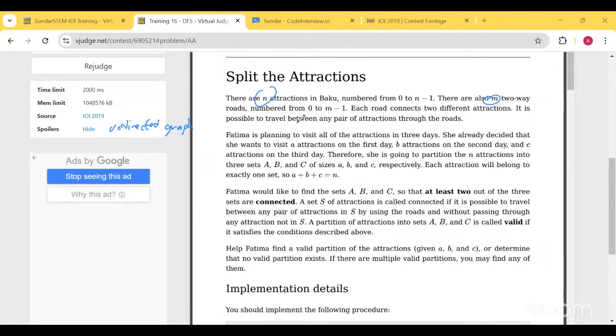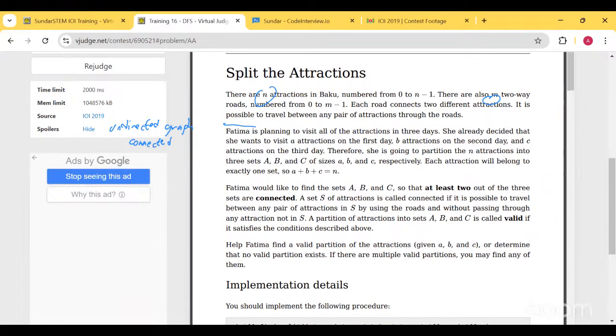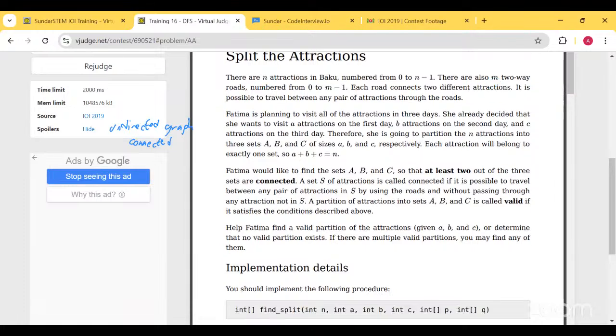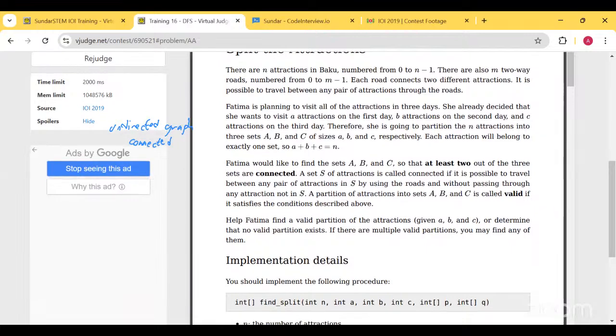And this is a connected graph, possible to travel. So undirected, connected. Okay. Actually the problem is also simple, but it is hard to find the idea to solve this.